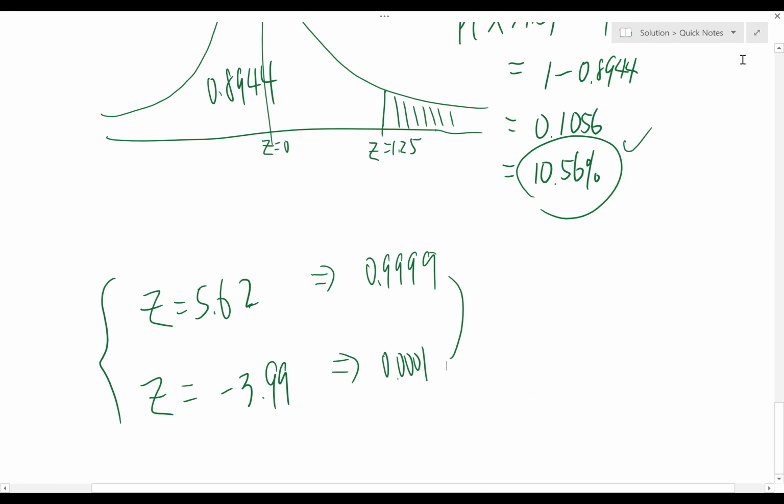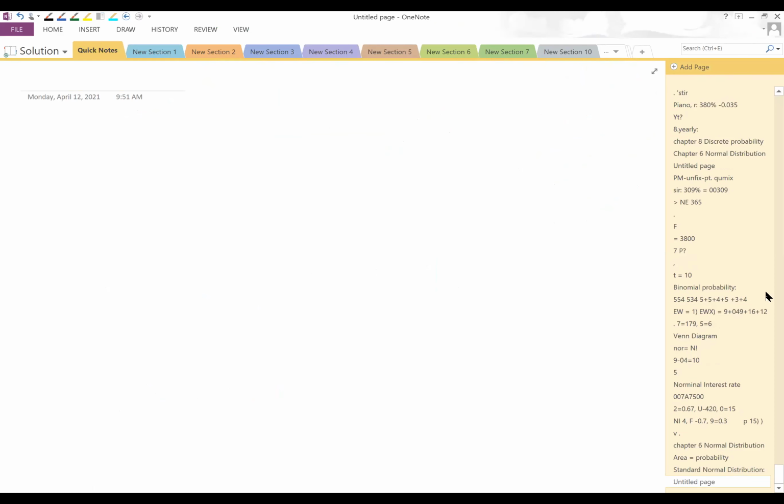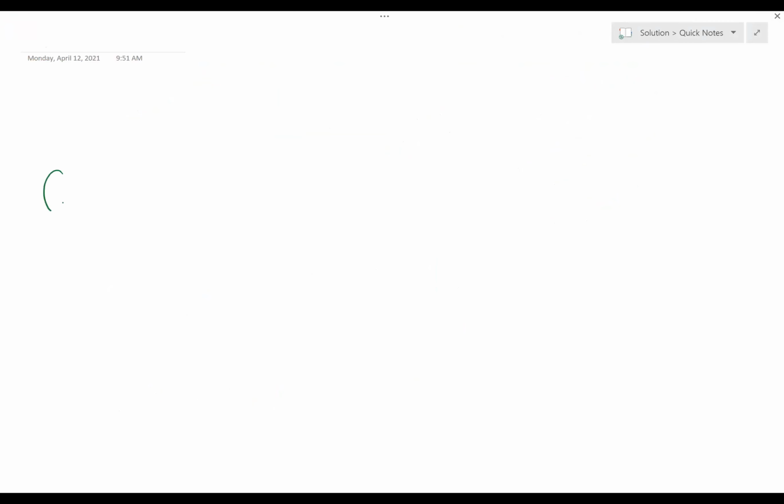Okay. And now let's look at one of the most important applications of the normal distribution. It's called the central limit theorem. So basically, the central limit theorem is one of the most important applications of the normal distribution.